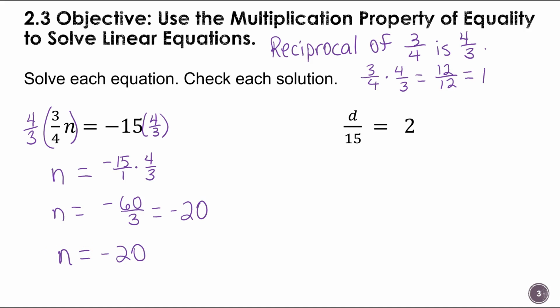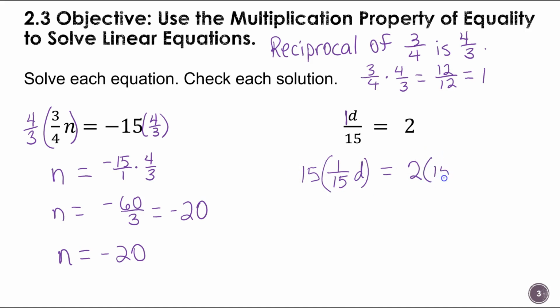On the next one, you could look at this as multiplying by the reciprocal also, but it would make more sense if you write it this way: 1/15 d equals 2, because remember, there's an understood 1 there with your d, so we can write this as a fraction. The reciprocal of 1/15 is 15.